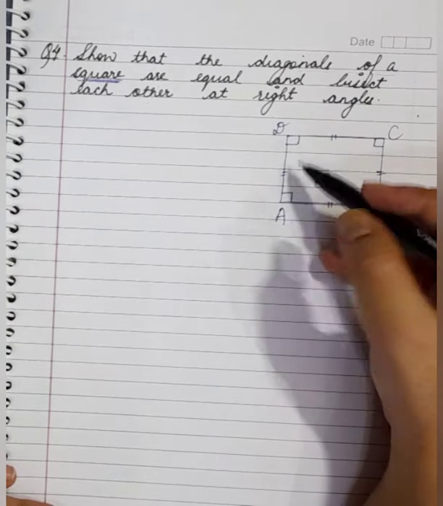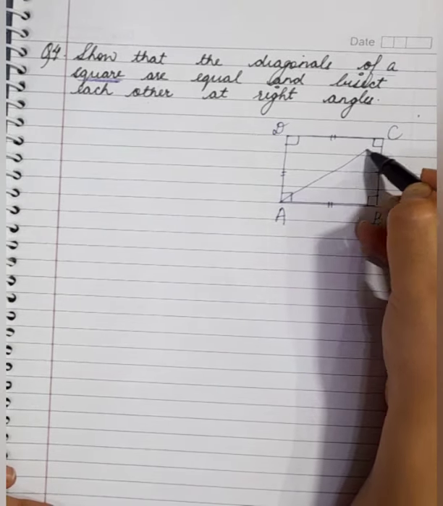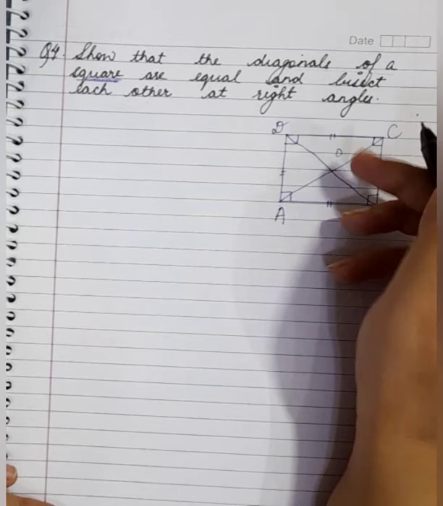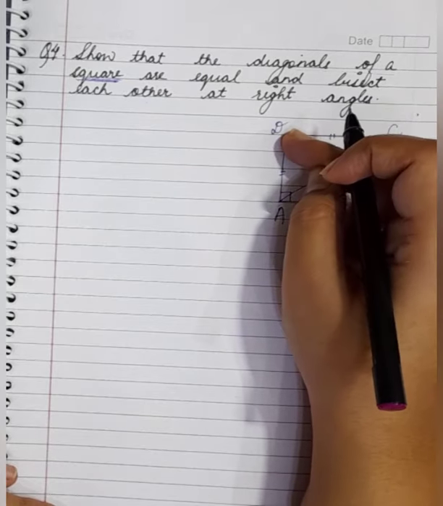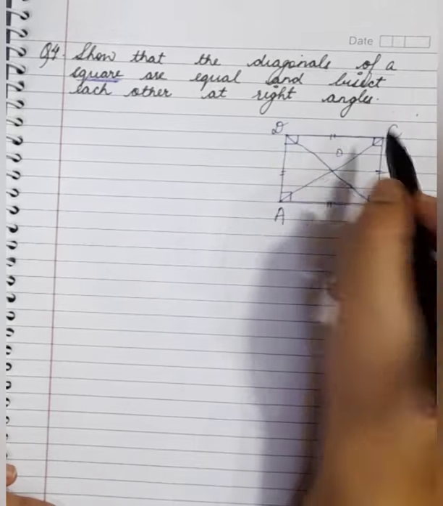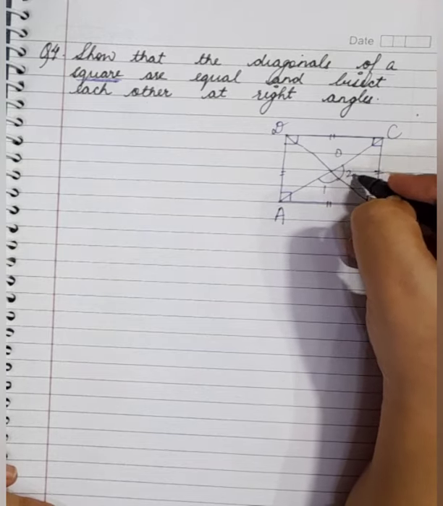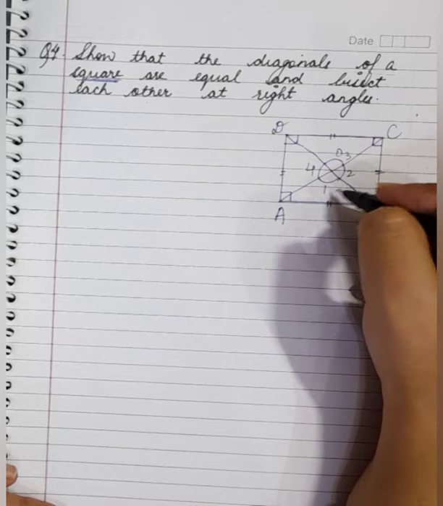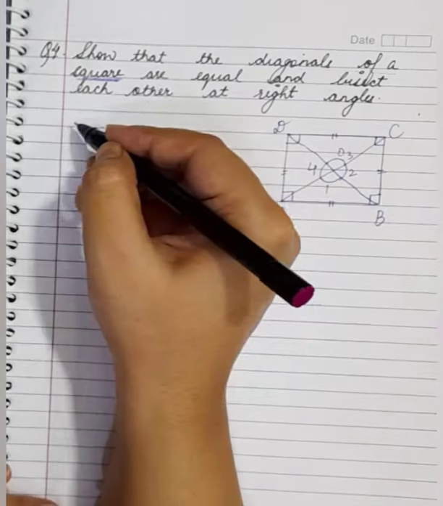So you have to prove the diagonals, that is AC and BD, are equal and they also bisect each other. That means we need to prove OA is equal to OC and OB is equal to OD. We also need to prove that 90 degrees is being formed in the center. I am naming these angles 1, 2, 3, 4. That means we need to prove these angles are 90 degrees each. So 3 parts are there to be proved.